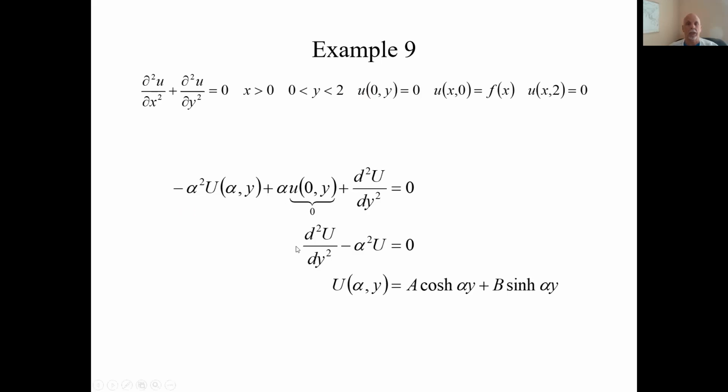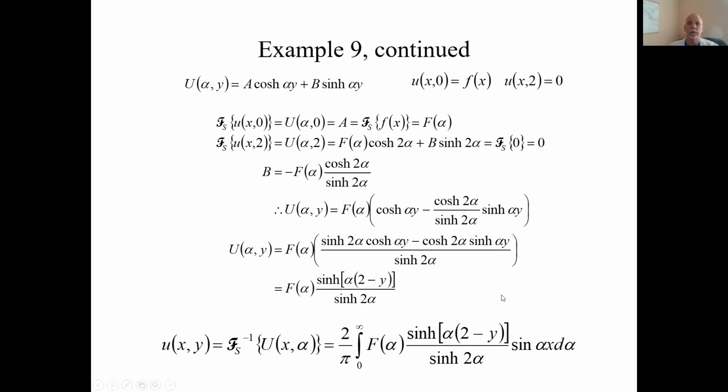You can do that, giving a differential equation. We have a canned solution for that, the good old hyperbolic form. This is in y, and y is finite, so we use the hyperbolic form rather than the exponential form. Remaining two boundary conditions to solve for A and B. That leads to this.